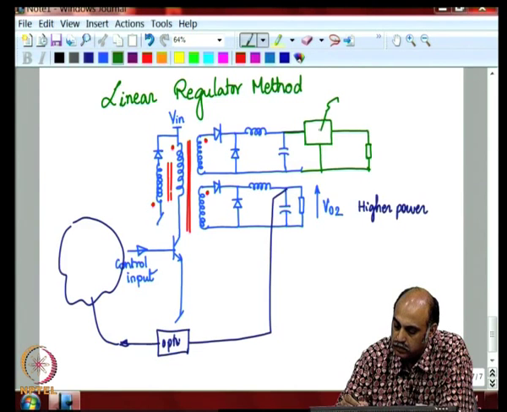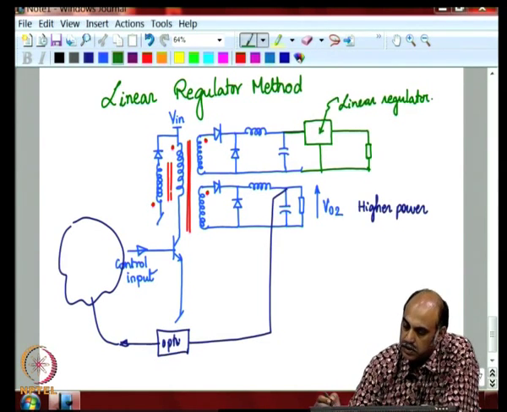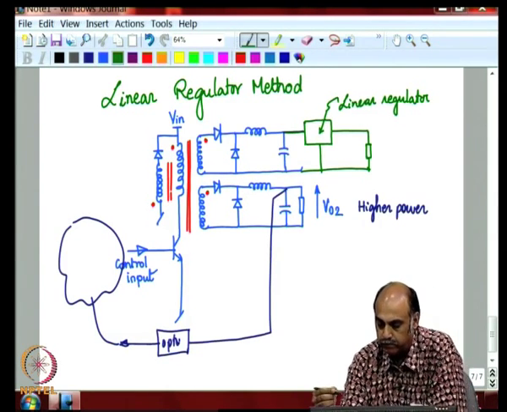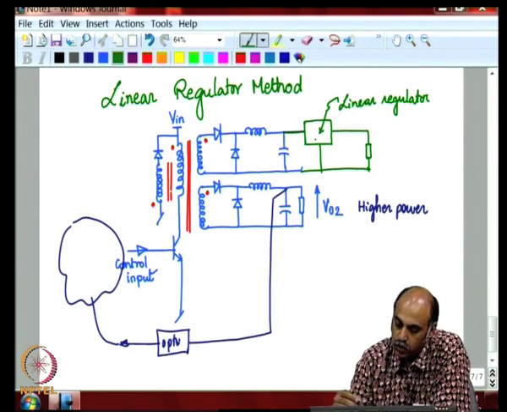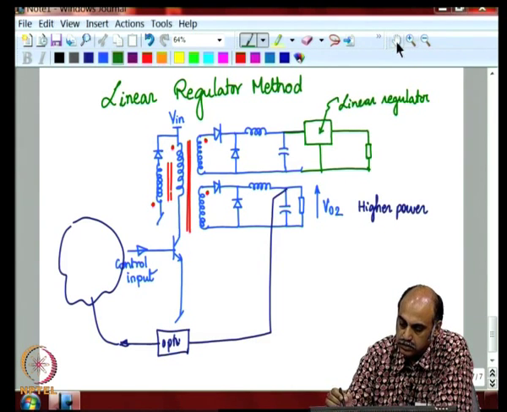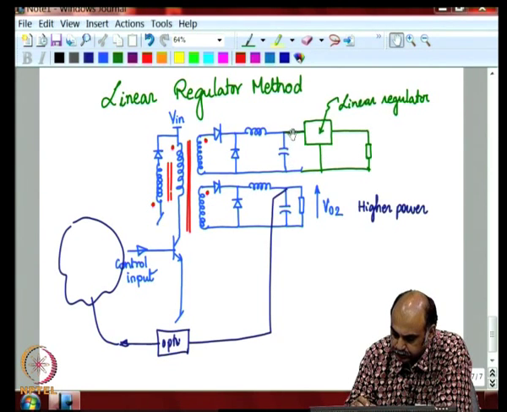So, this would be a linear regulator, a 3-pin regulator, either a fixed one like the 78 series or the variable ones like the LM317, those types of regulators. What happens is that the pulse width modulated switching converter here tries to bring the voltage here to a more compatible voltage for the output.